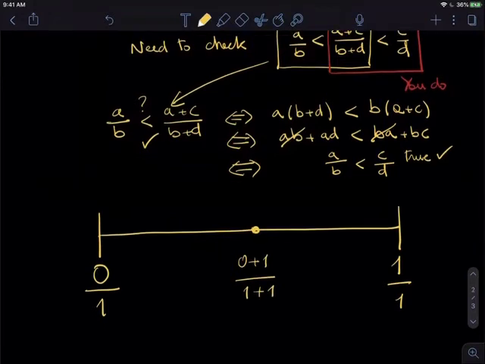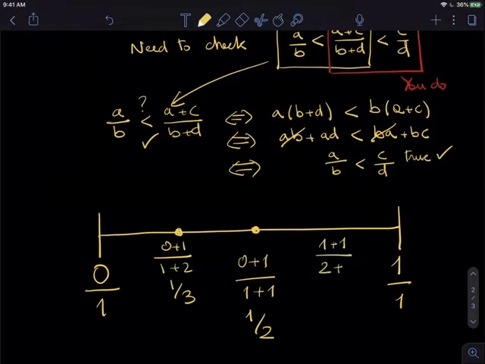That's 1/2, correct? Now, 1/2, I can always add them together. (0+1)/(1+2), this is 1/3, right? Or I could do the other side. I could do (1+1)/(2+1), that is 2/3.